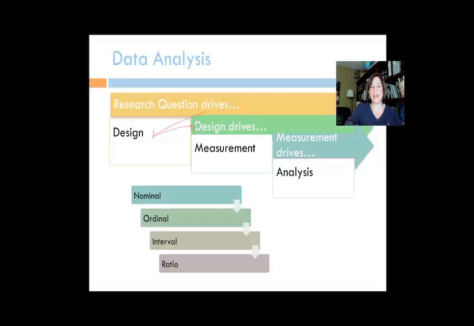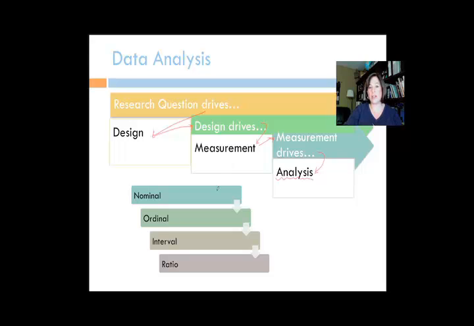The design drives the variables and the measurement of the variables. The level of measure drives what types of analyses you are allowed to do. And this is going to become extra critical now that we are going to be talking about inferential statistics.